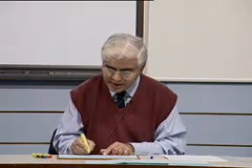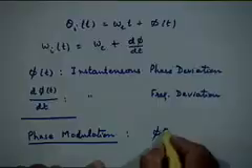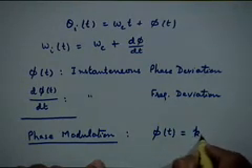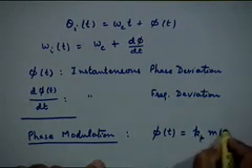Phi of t, the instantaneous phase deviation, should carry the message information, right? Therefore it should be made proportional to the message signal, right? That should be the obvious way of defining a phase modulated signal. So in this case we say that phi of t is chosen to be some constant times the message signal.